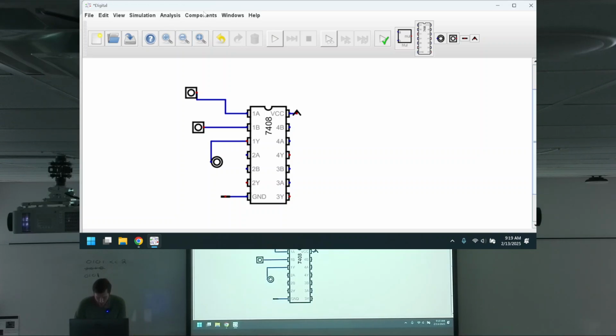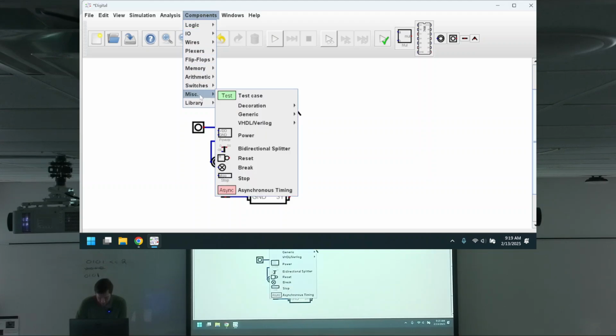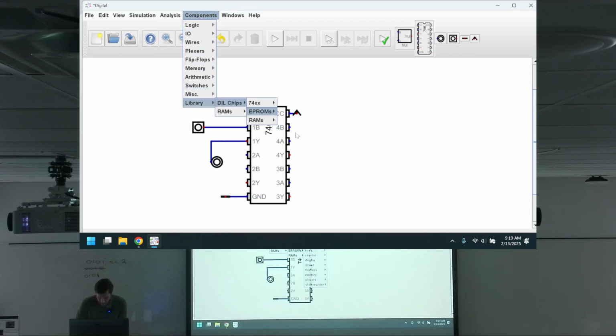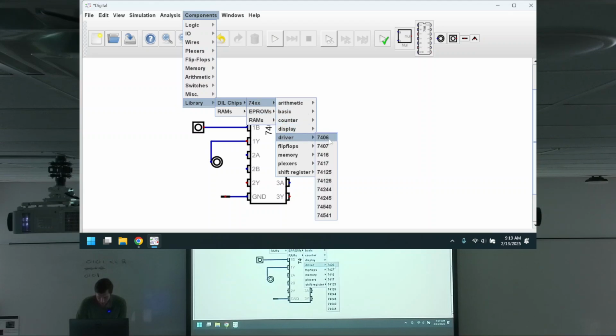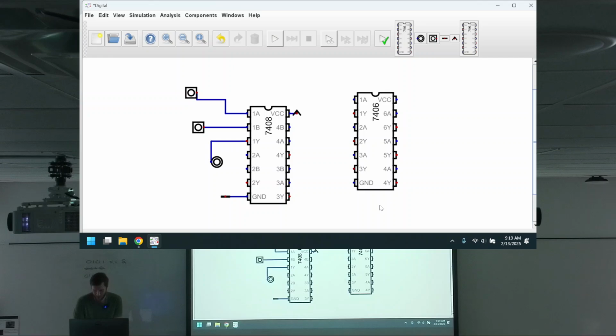Like here's a driver, okay? Depending on what the code is, they'll have different circuitry inside of them. They can become very complex, they can become very simple, but this is what they are.